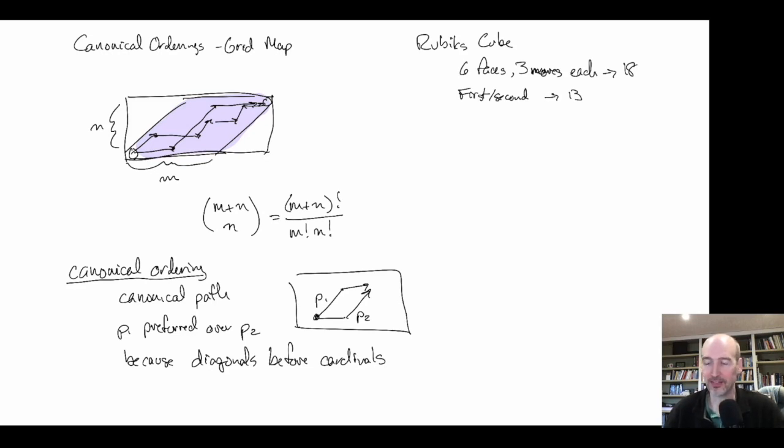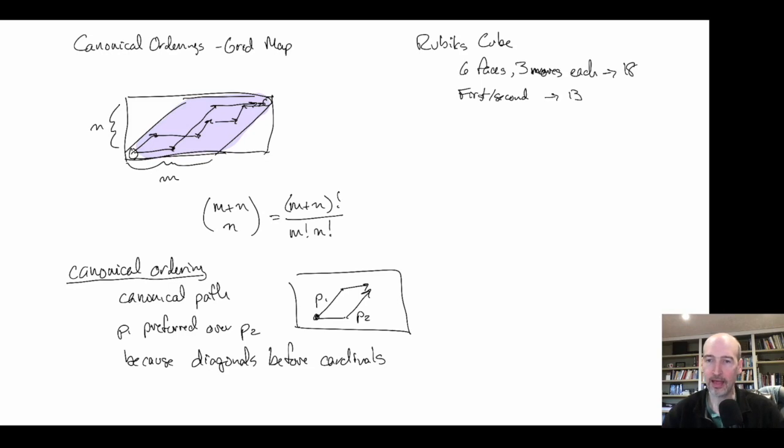It could be that we wanted to do cardinal actions before diagonal actions. It could even be that we're going to go up right before going up left or something like this. We really just set any precedence on the operators, and then say the canonical path is the one that follows that precedence of operators.